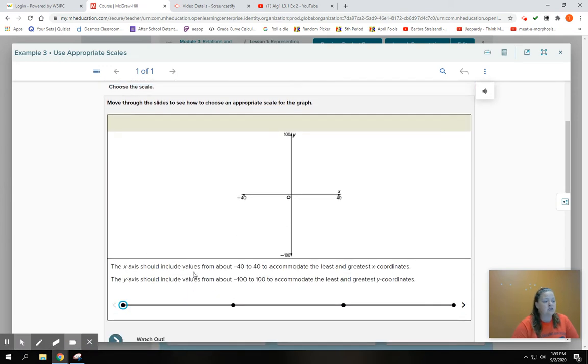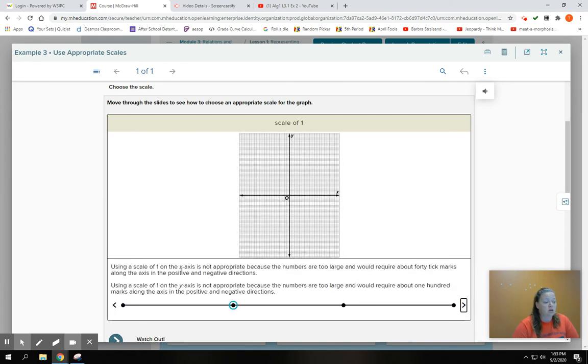The x-axis should include values from about negative 40 to positive 40 to accommodate the least and greatest x coordinates. The y-axis should include values from about negative 100 to positive 100 to accommodate the least and greatest y coordinates. So you set it up so you have 100 and negative 100, negative 40 and positive 40.